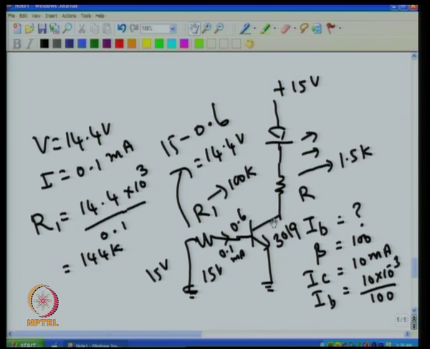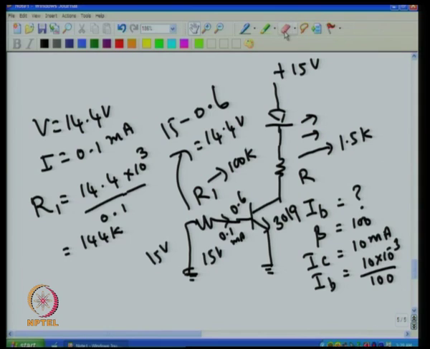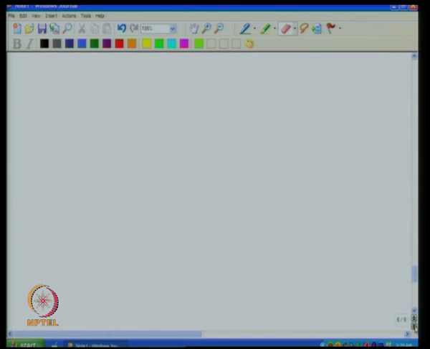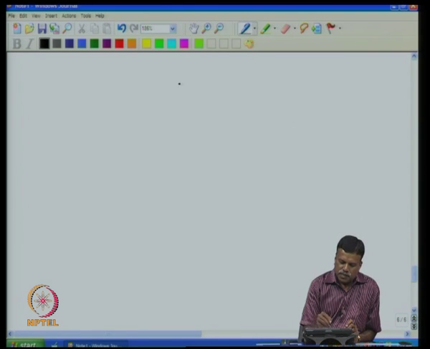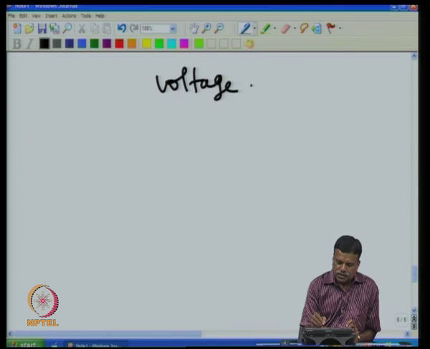Now, let us see what other things they had done using the transistor earlier, before the operational amplifier had come in. See, another application that they had done using transistors was voltage regulators. For example, we might have seen the transistor as a voltage regulator.